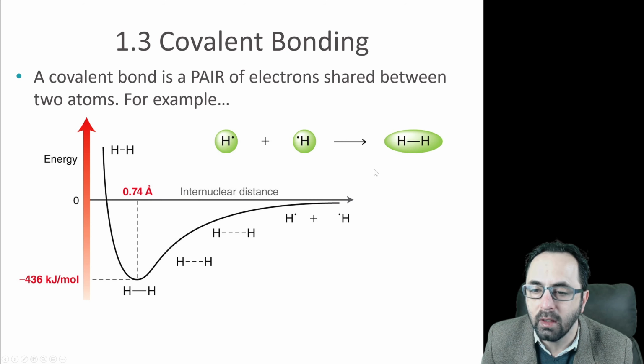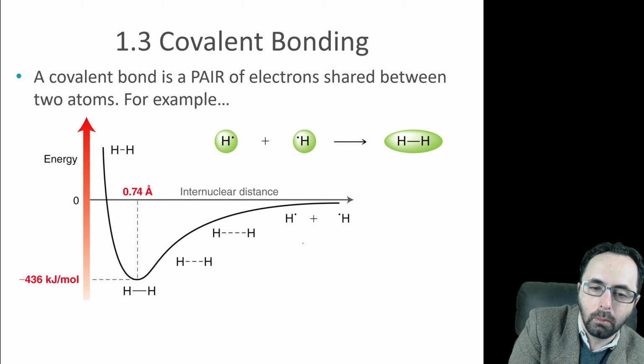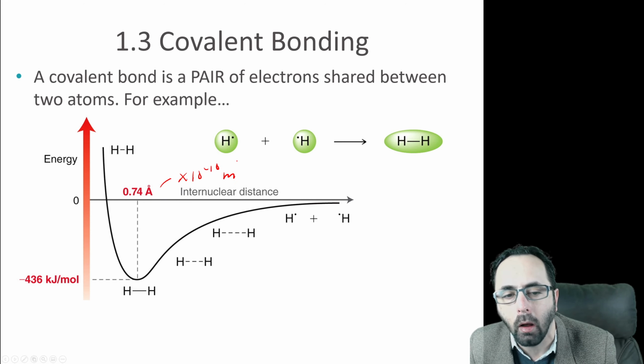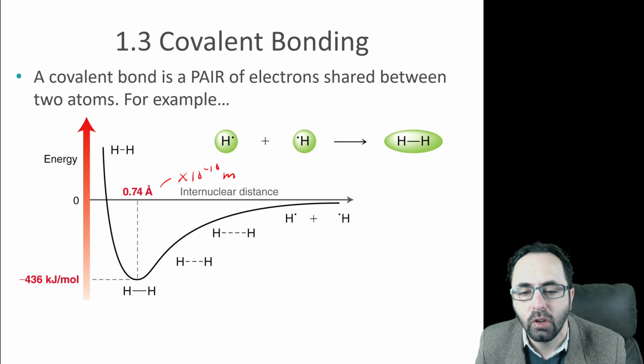And there's a certain distance between the atoms, which for hydrogen atoms, the distance between the centers of their nuclei, is 0.74 angstroms. By the way, an angstrom is another way of saying times 10 to the minus 10 meters. It's the proper distance for bond lengths generally.